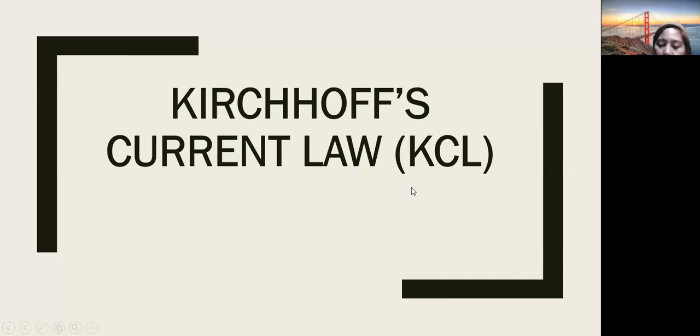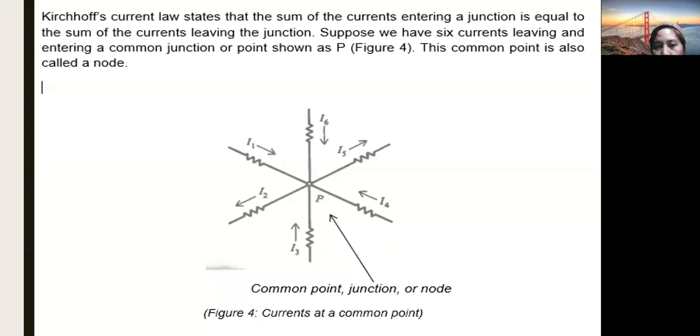So this time it is the current. Kirchhoff's current law states that the sum of the currents entering a junction is equal to the sum of the currents leaving the junction.